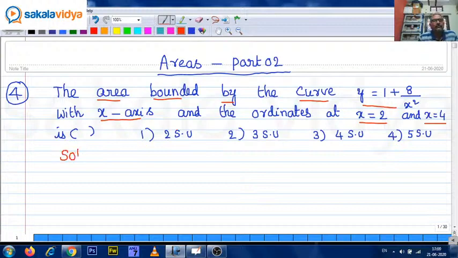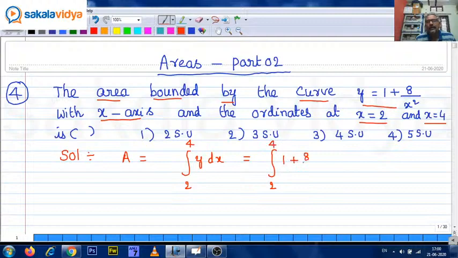Now the solution. The area is given by integral 2 to 4 y dx, which is integral 2 to 4 of 1 plus 8 upon x square dx.